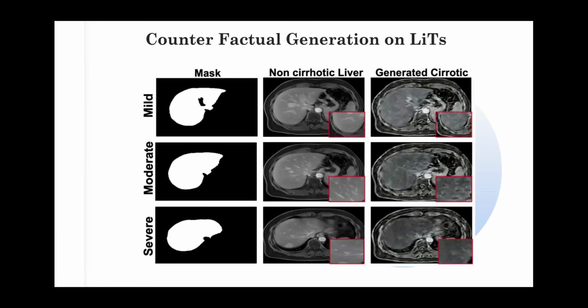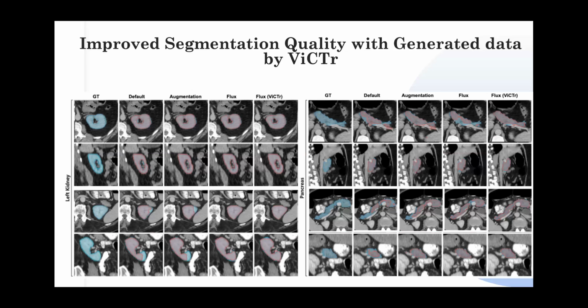And these are some counterfactual generations. After that, what we have seen is that if we generate synthetic data by our method, ViCTr, we get better segmentation accuracy. Let's say you have a dataset of 100 samples, and we synthetically generate 100 more samples.